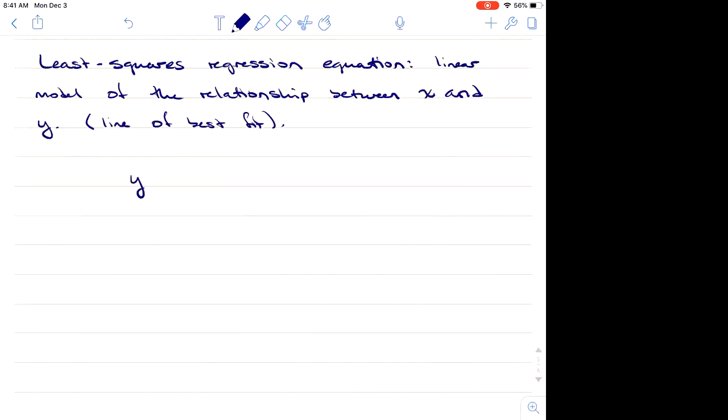Any straight line, you might remember something like y equals mx plus b. And if you're like me, you're probably thinking, sounds familiar, but I cannot remember what it is. That's okay. It's the equation of a straight line.